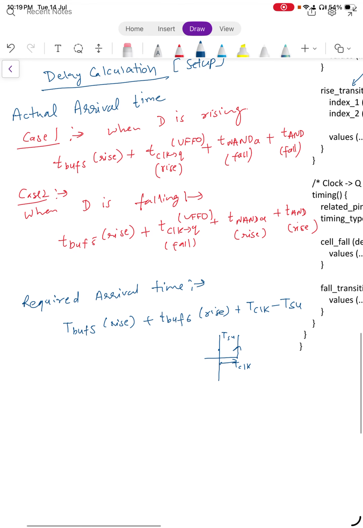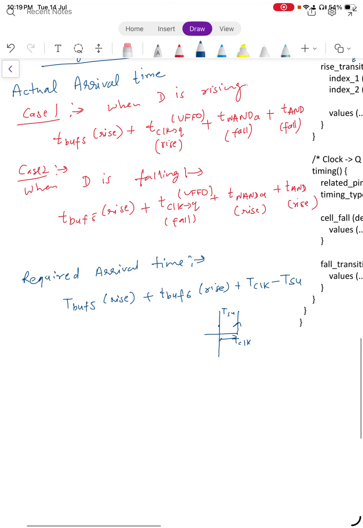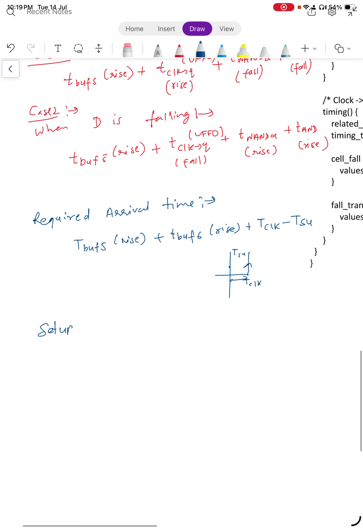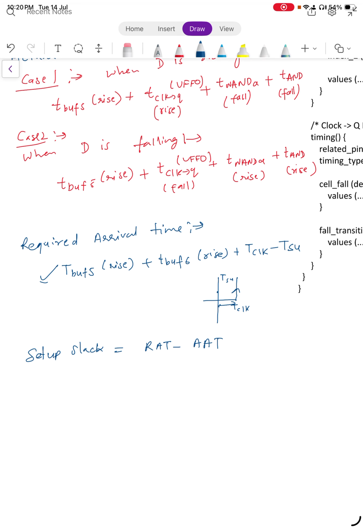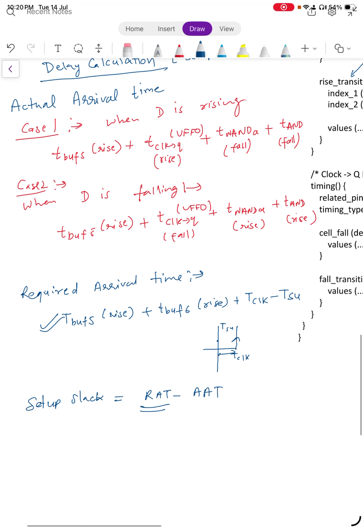Now, out of these cases, which case will be reported by the tool? We know that setup slack is the required arrival time minus the actual arrival time. The required arrival time is this one, which is fixed, and the actual arrival time has two cases.